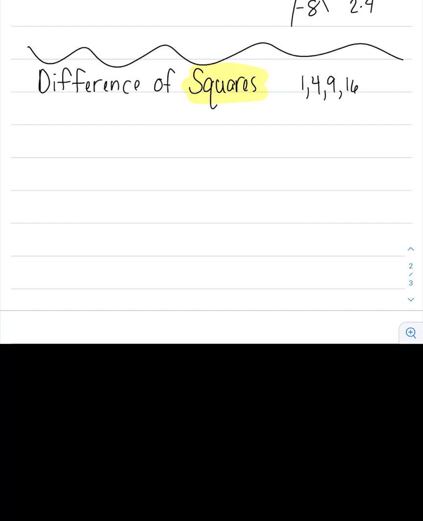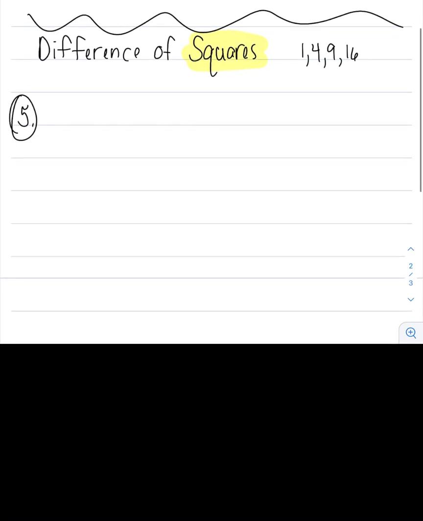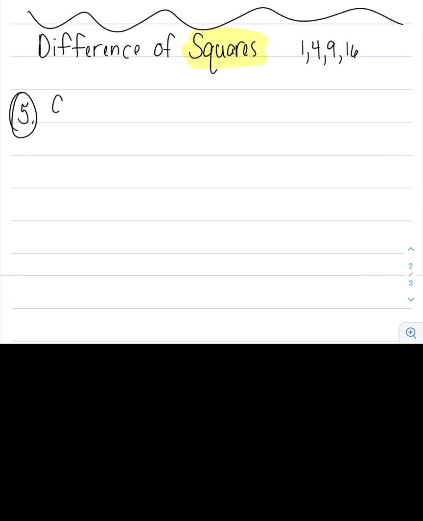Now let me show you how we use that when it comes to factoring. I'm going to call this example 5, and I'm going to say, let's factor 9n squared minus 4. Well, I don't know if we've talked about this yet or not, but the opposite of square is square root.